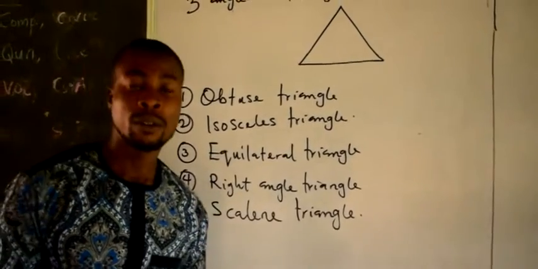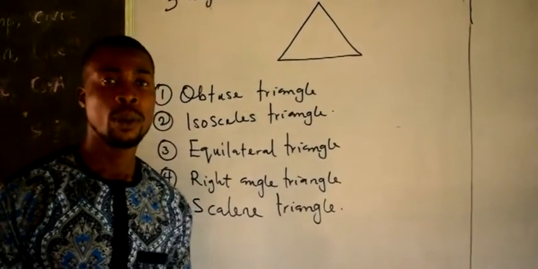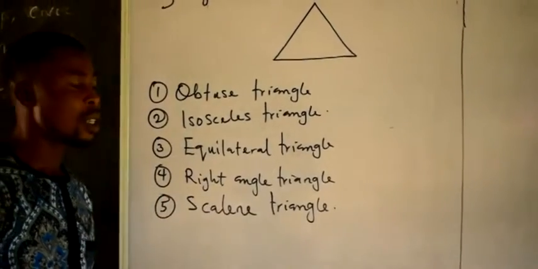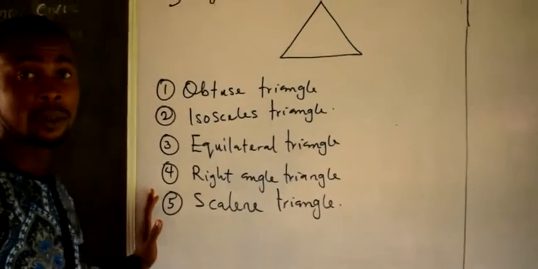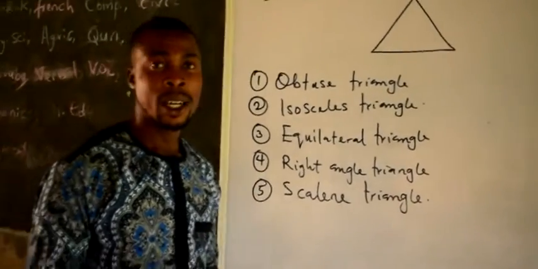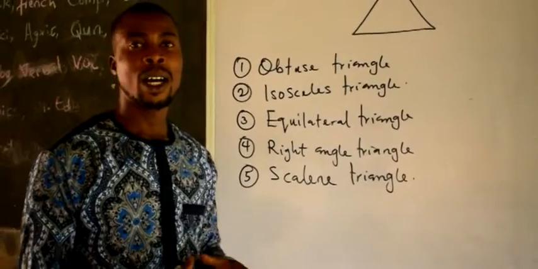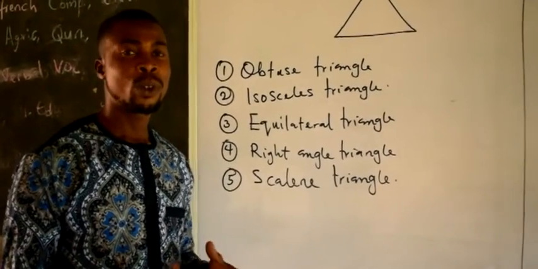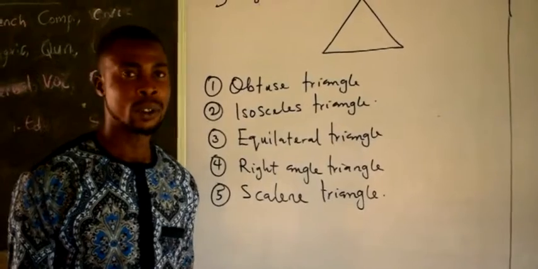I have told you we have many types of triangle, but I will just explain only these 5 triangles. I said 3 angles. Any shape that has 3 angles is called a triangle, and on this triangle, we have various types.